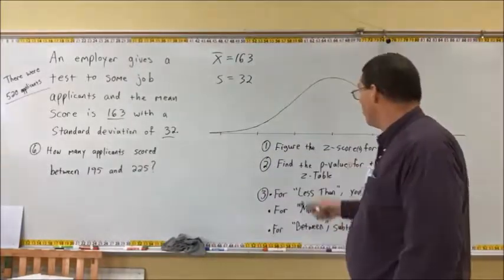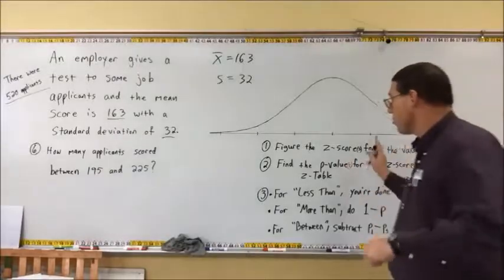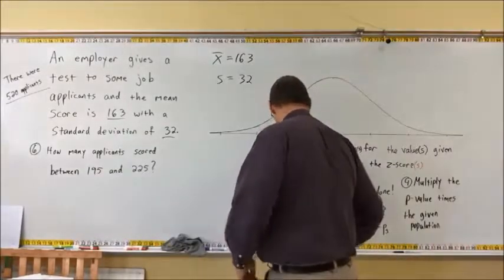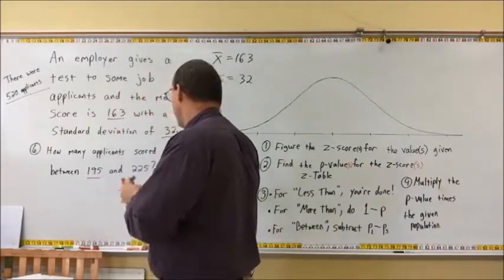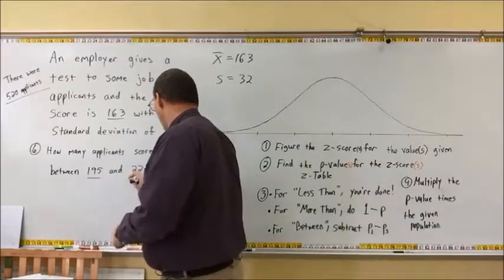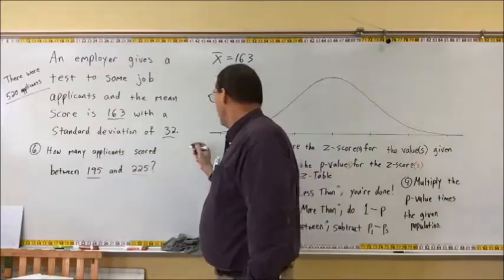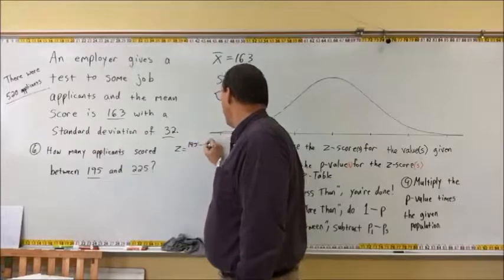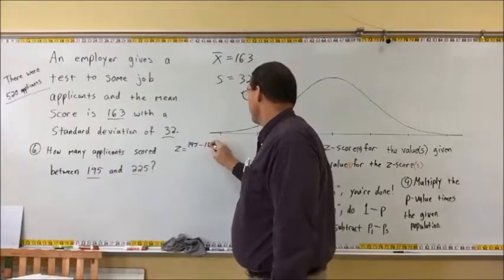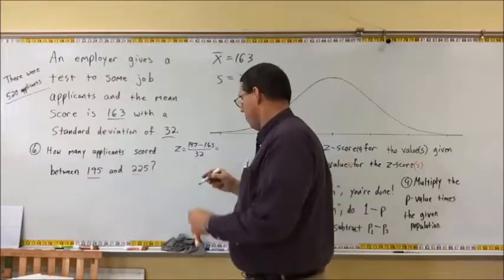We always start with figuring the z-scores of the numbers that we were given. We have two numbers, so we need two z-scores. We'll use purple for 195 and orange for 225. The z-score for 195 is 195 minus the mean, 163, divided by the standard deviation, 32.